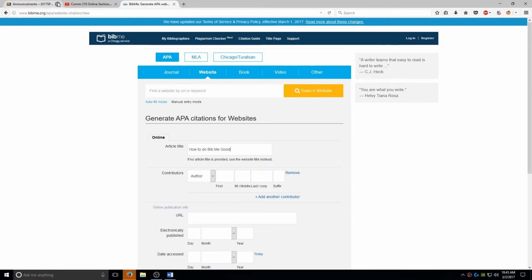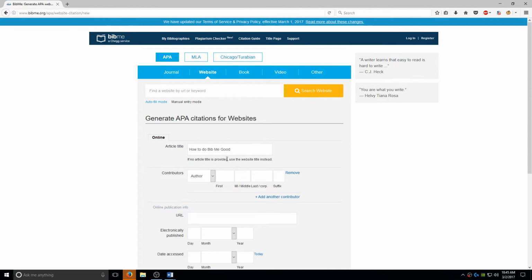It only shows the full one. There is a way to get it to show the full one. Of course, I wasn't really thinking about having to do this. But anyway, you could say bib me auto generate APA website citations, and that's what it is because we can see it in the URL here.